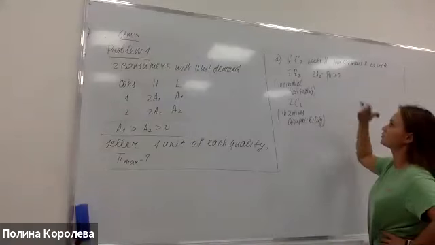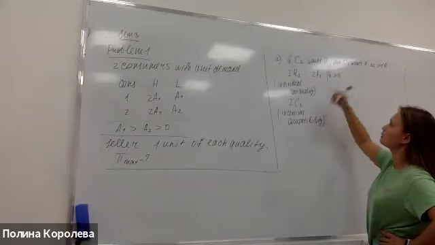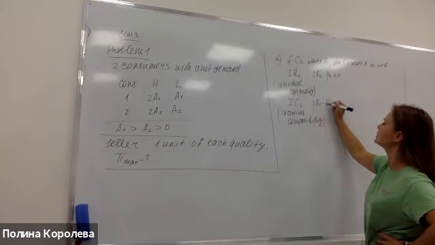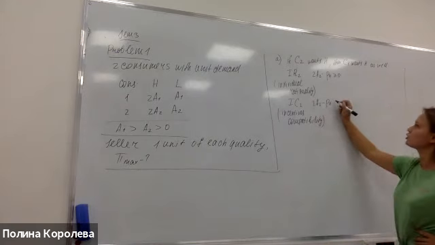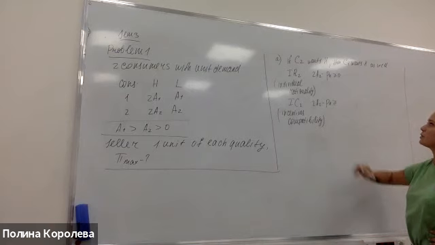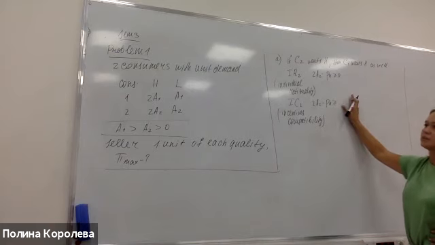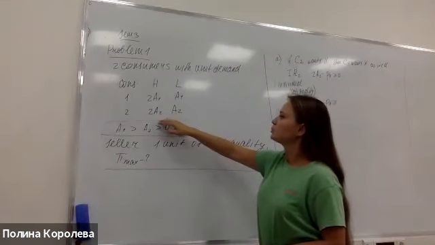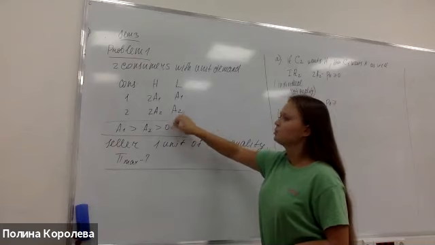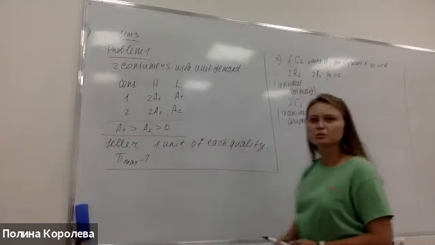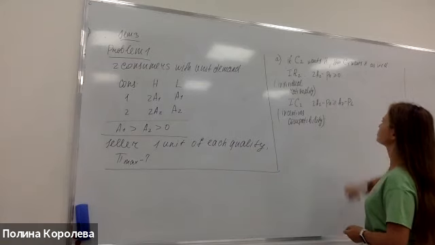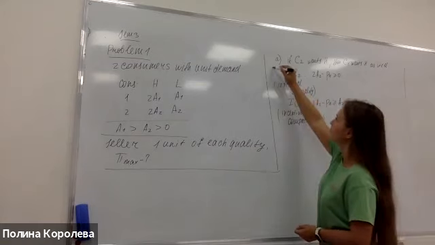So the net utility from buying the high quality good, 2A2 minus the price of this good, should be greater or equal to the utility from buying the low quality good. If he buys the low quality good, he will get A2 minus the price of the low quality good.